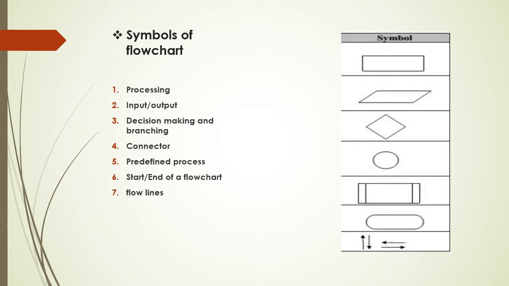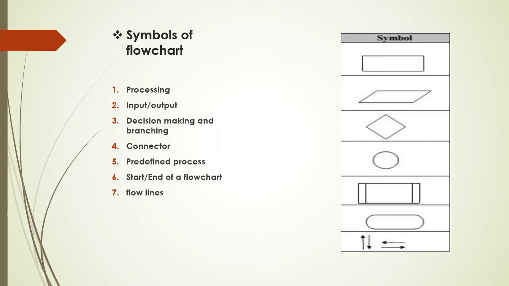First is processing. Processing means the execution of data. This symbol is used for processing the data. Use a rectangle to capture process steps, like basic tasks or actions in your process. Second is input and output. The input and output symbol shows where and how data is coming in and out throughout your process.